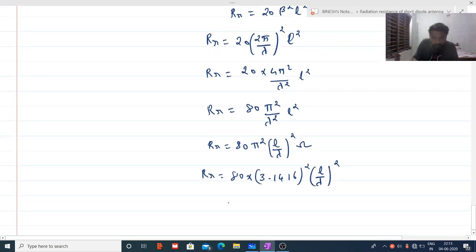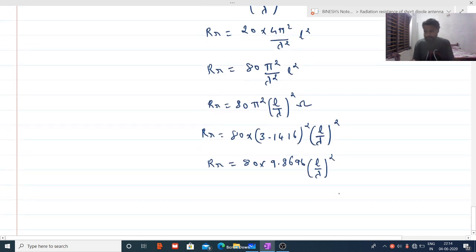So that is nothing but radiation resistance is nothing but 80 into some 9.8696, L by lambda the whole square.